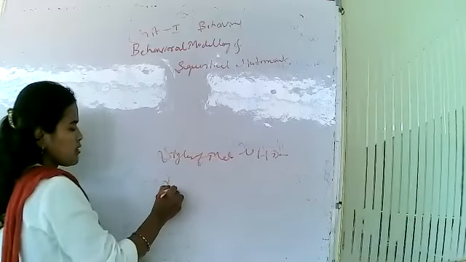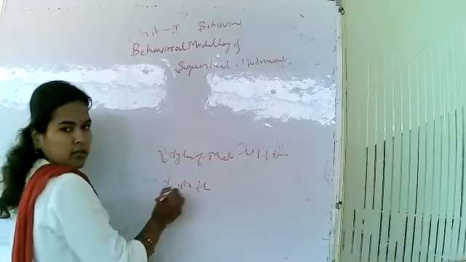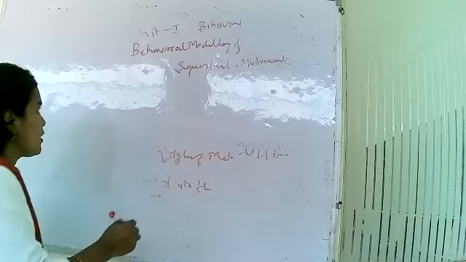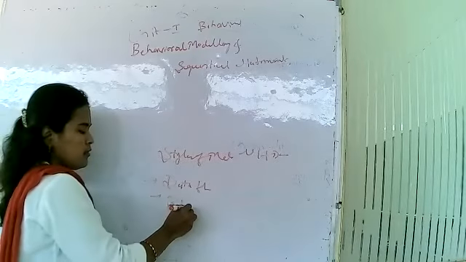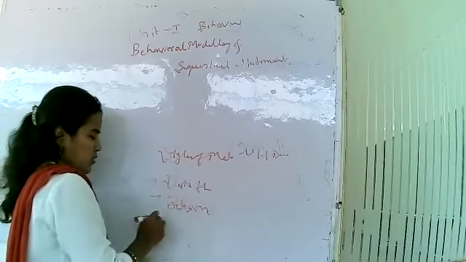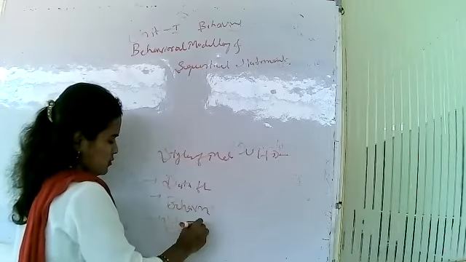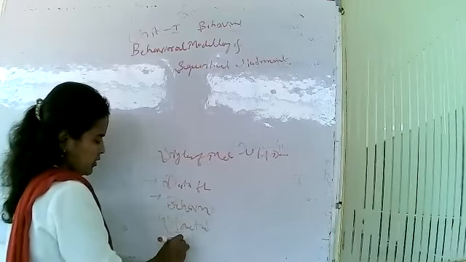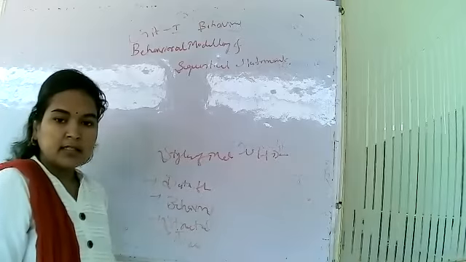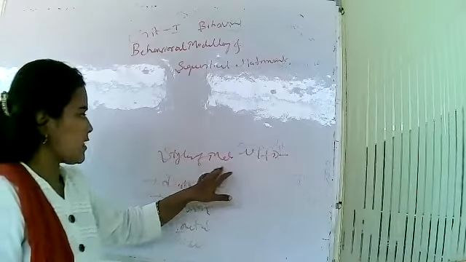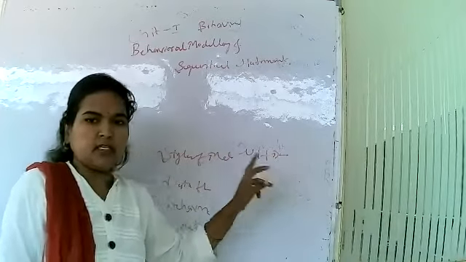In that, the first one was data flow modeling, the second one is behavioral, the third one is structural, and the fourth one is mixed. These are the different styles of modeling in VHDL.